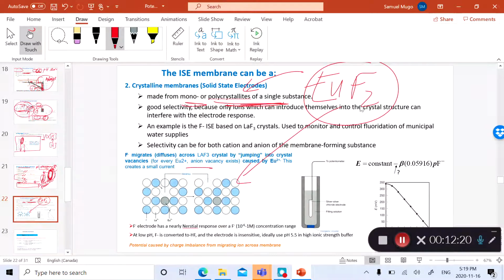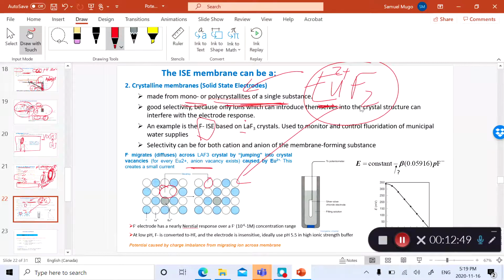When you do that, the valences of europium and lanthanum are different. This one is lanthanum 3+, this one is europium 2+. Because of that combination of the two crystals, you create a cavity in that doped crystal, and the cavity has the size of the fluoride ion.